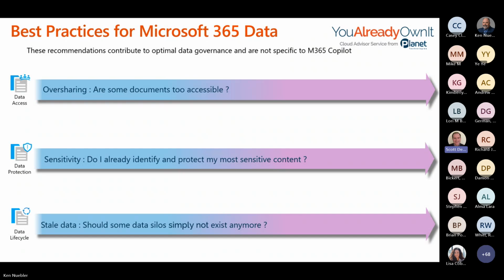Obviously, within the power of the large language models that Copilot brings into play, it can quickly expose a lot of different data as it's going through and looking at documents and content within our organization. So it becomes really important to make sure for sensitive information, for critical information, that we don't have documents that are ultimately too accessible.